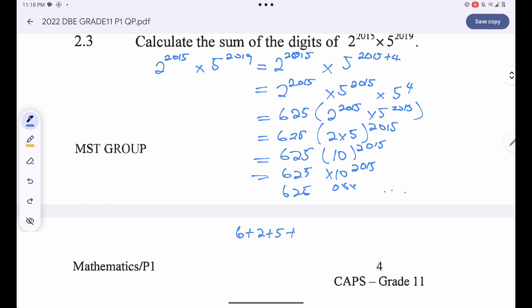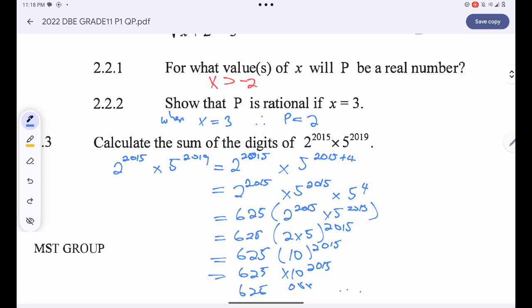Whenever you add a zero to a number, you're not changing anything. So therefore the sum of the digits is 6 plus 2 is 8, plus 5, that's 13. The sum of the digits of this product is just 13.